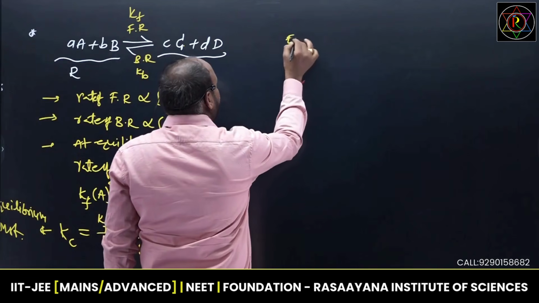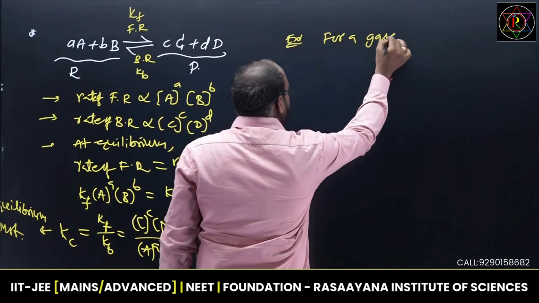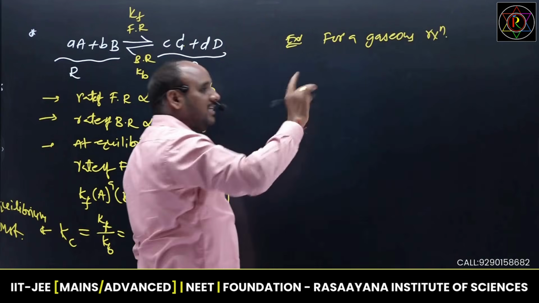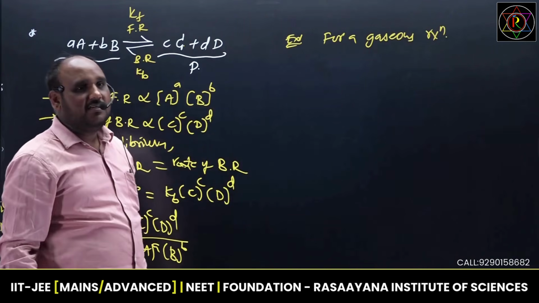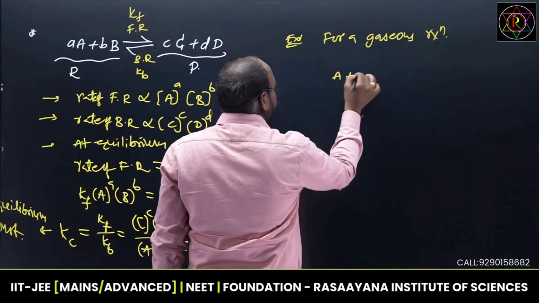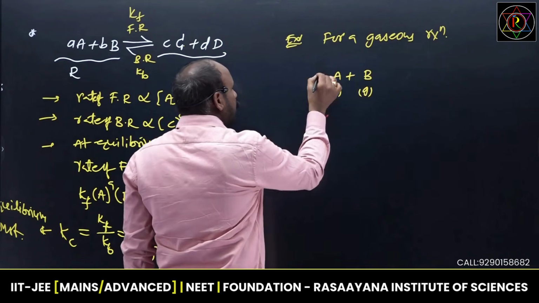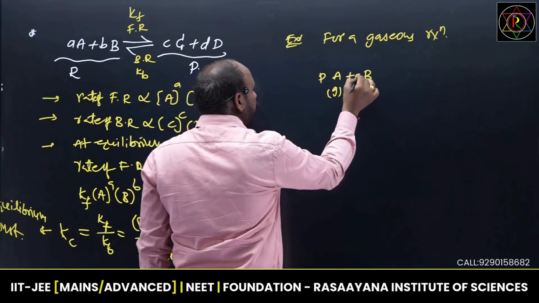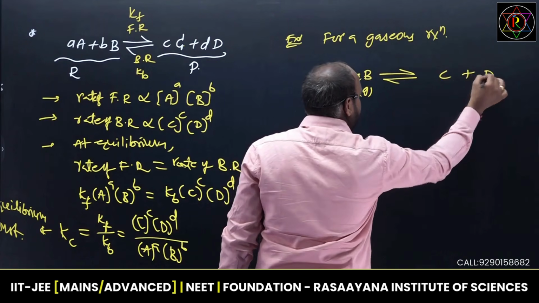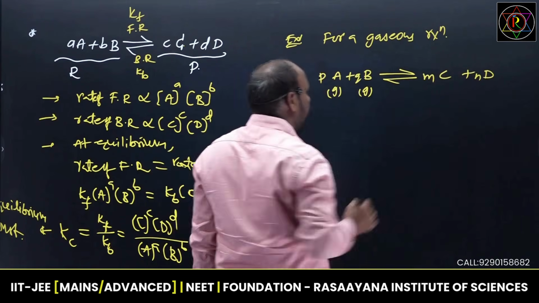So, for example, for a gaseous reaction, the reaction should involve gaseous reactants and gaseous products, right? So that is pA plus qB, whose physical states are gaseous only, which is in equilibrium with mC plus nD.